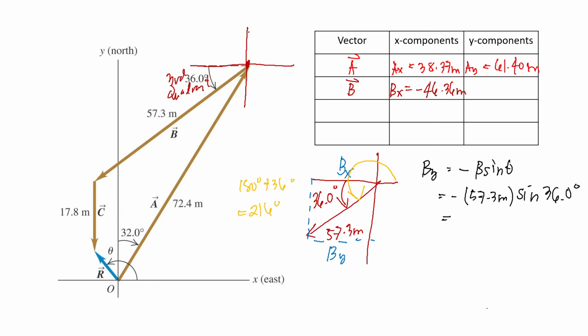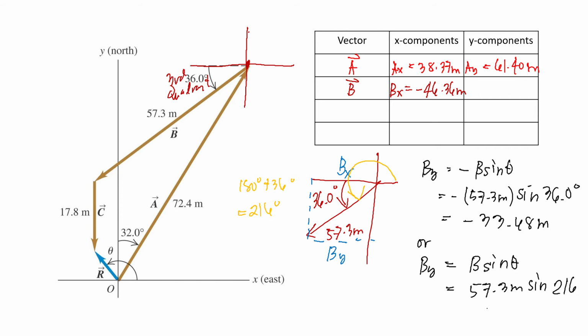So using your calculator, you get an answer of negative 33.68 meters. Or if you want to use your 216 degrees, use your b sine theta. You have 57.3 meters sine 216, and then we automatically get a negative 33.68 meters.